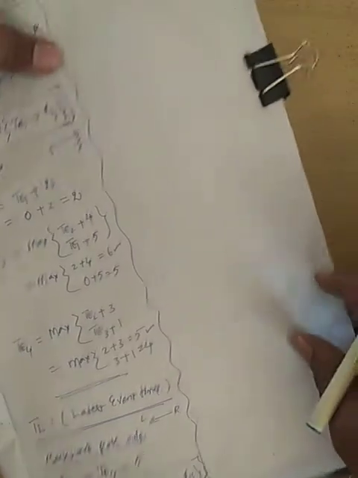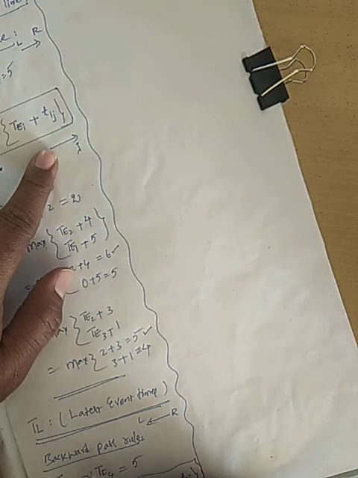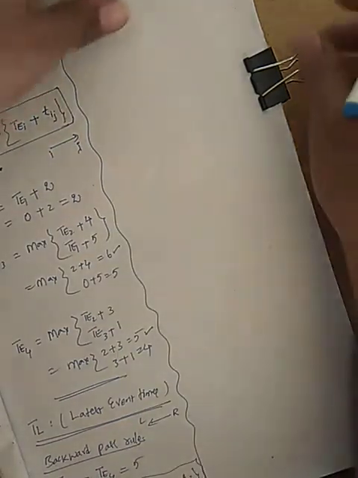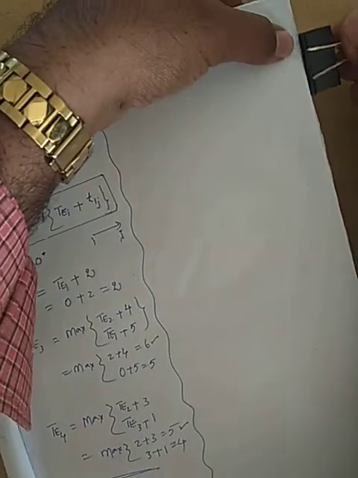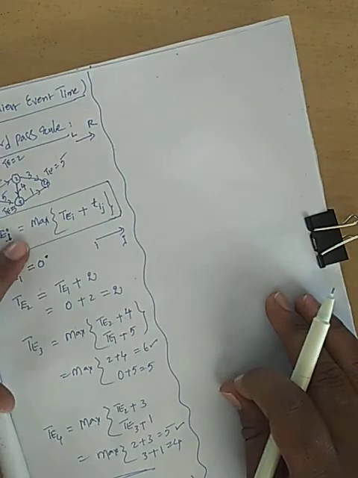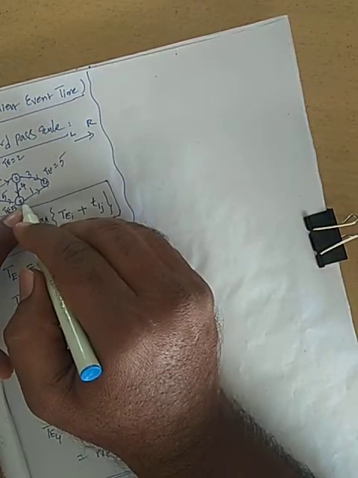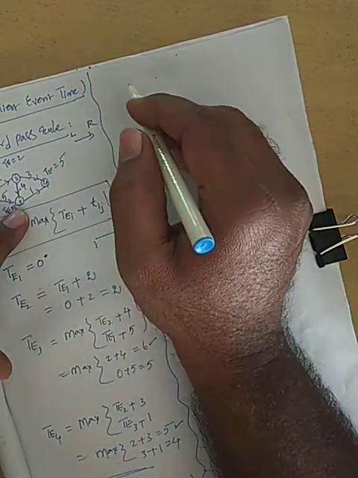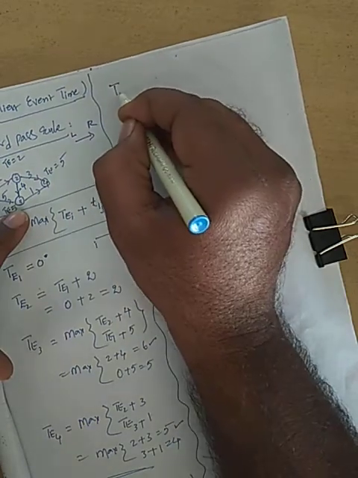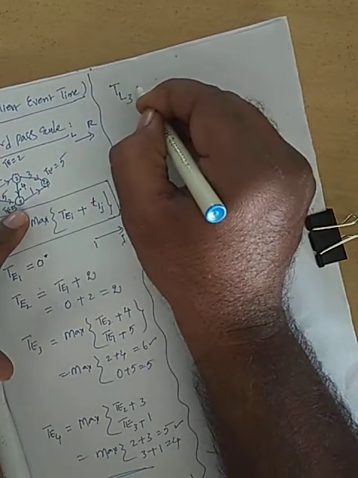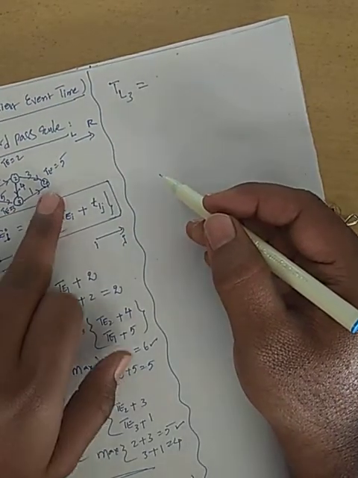Now, we already came to know what is TL4 in this network. Now we need to calculate TL3. How do you get it? All of you look here. First write down the path in the opposite direction. Be careful. So to reach 3, TL3 is equal to, what is the path?